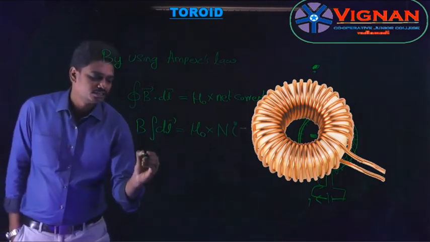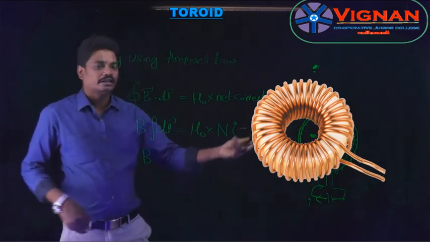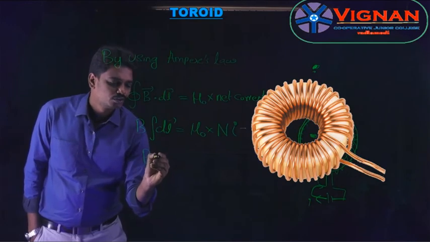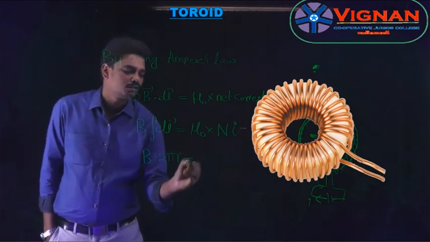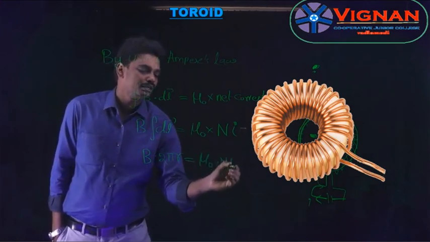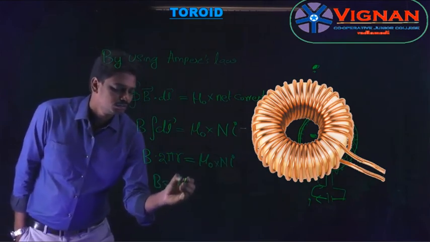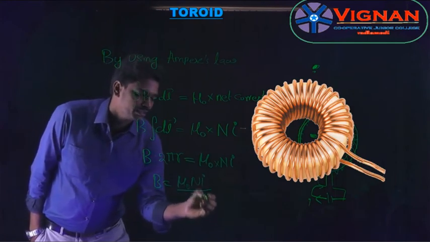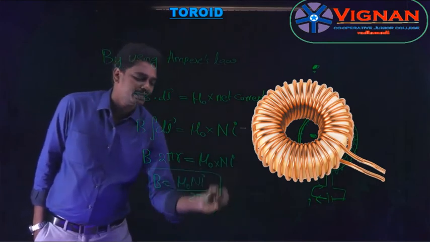So B times the integral of dl, which is nothing but the total length of the circular shape, B into 2 pi r, is equal to mu naught times N into I. So B is equal to mu naught N I by 2 pi r.